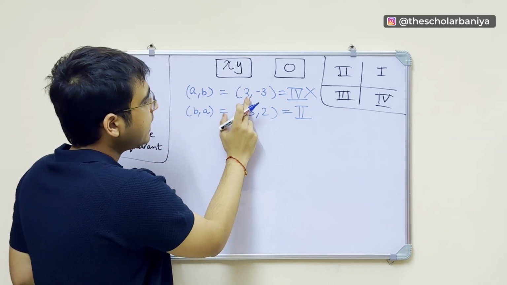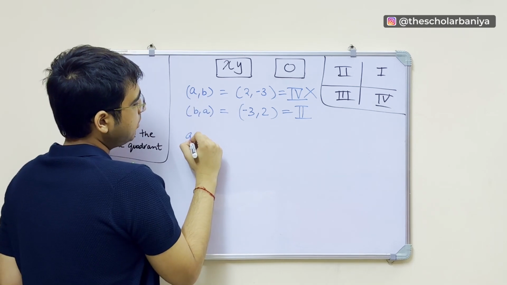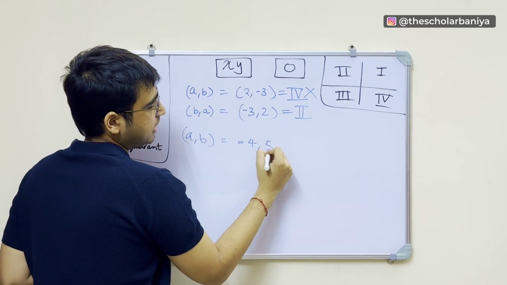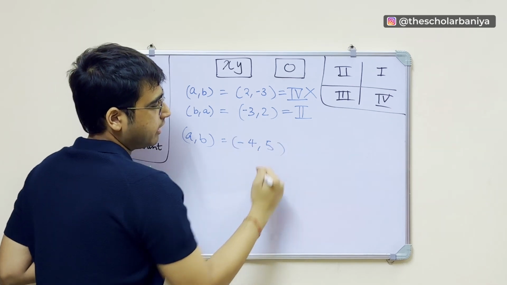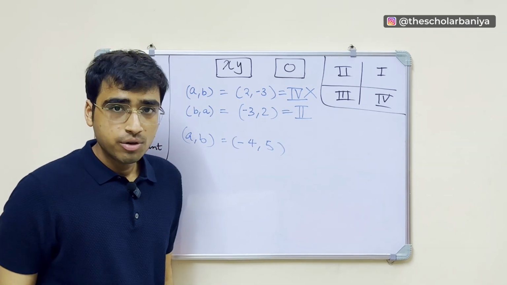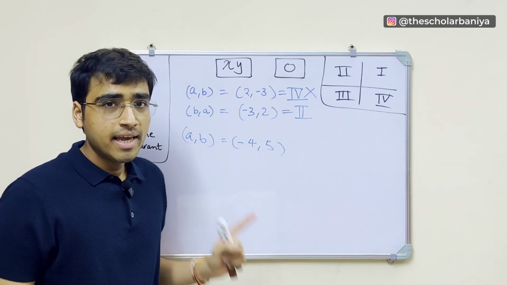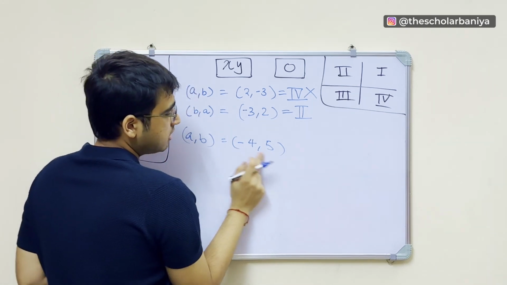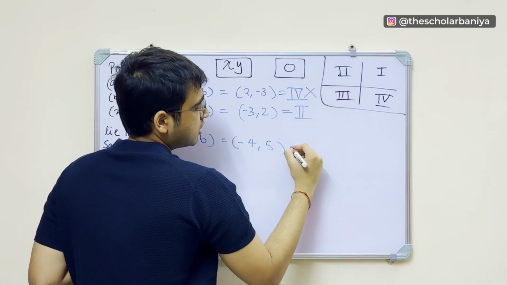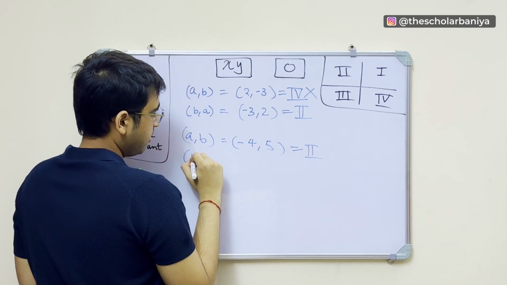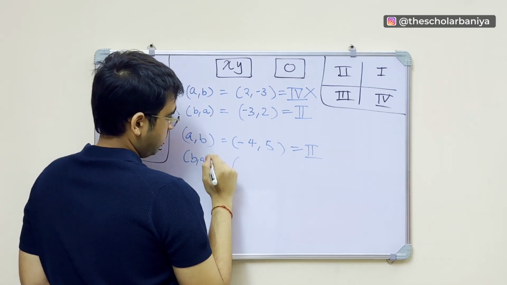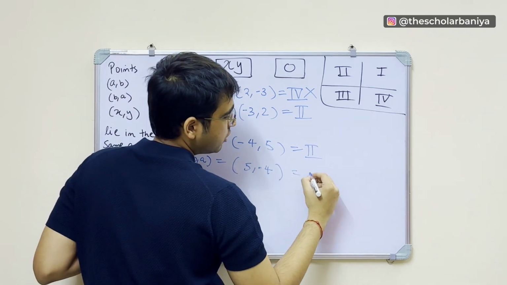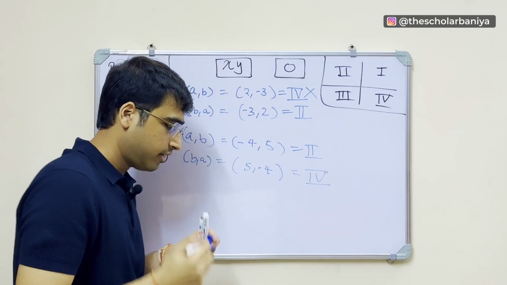Similarly, if you take, for example, (a, b) like (-4, 5), let's suppose, right? If you find (a, b) and (b, a), they will again lie in different quadrants, because (a, b) is (-4, 5), which is second quadrant, and (b, a) will be (5, -4), which will be in the fourth quadrant, right?